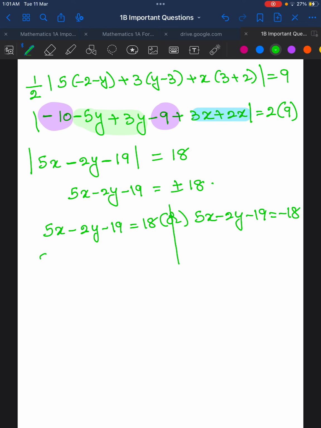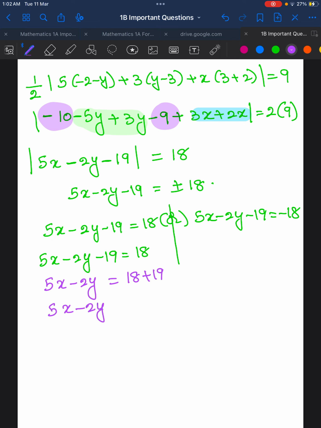Okay. So here 5x minus 2y minus 19 is equal to plus 18. In this case, just simply we are writing this minus 2y and 19 to the right side. What happens? This will become 5x minus 2y is equal to 18 plus 19. Correct? So 5x minus 2y is equal to 37.